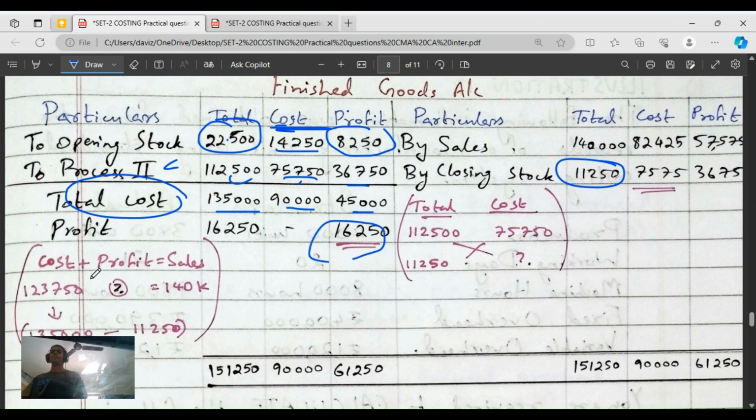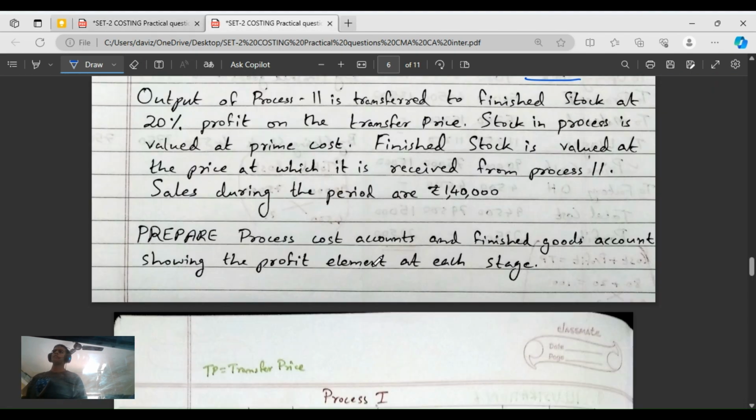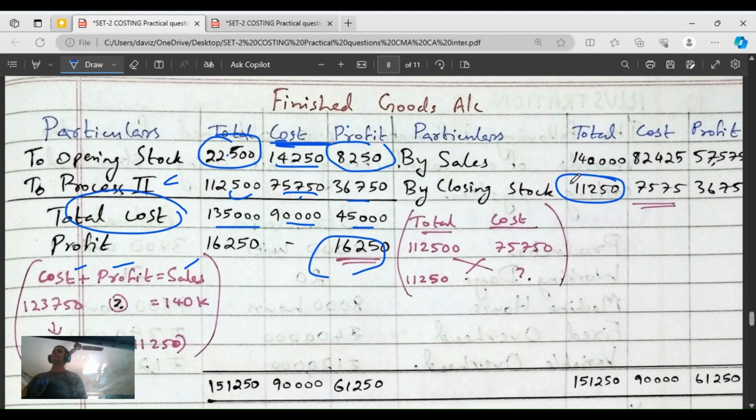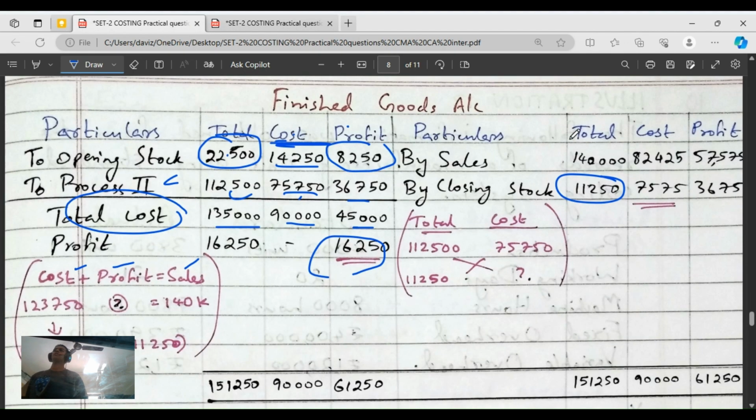So by cost plus profit is equal to sales. Sales during the period is 1,40,000. So we got the sales 1,40,000. So our cost plus profit is sales. Sales is 1,40,000. We have to find the profit.